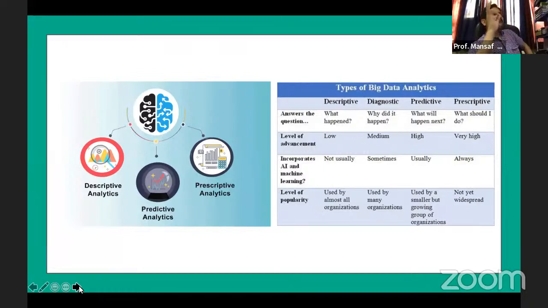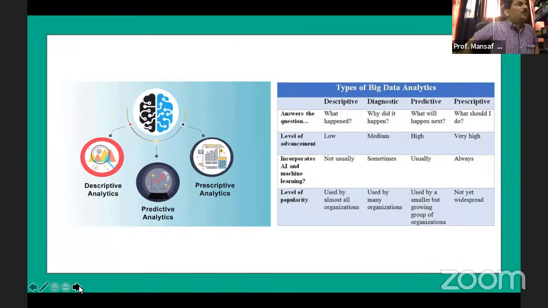The level of advancement is low. Incorporation of AI and machine learning: not usually. Level of popularity: used by almost all organizations.